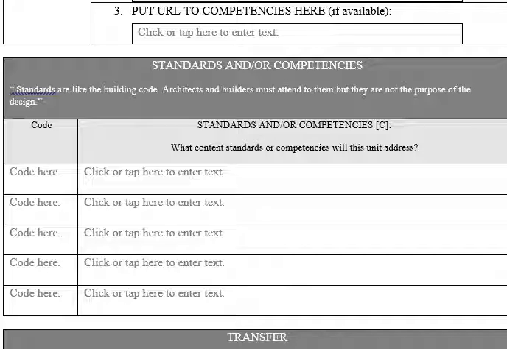What are the goals, the underlying information that what you're going to teach is anchored to? I also want to note here that for some disciplines, there may not be standards or competencies that you can easily refer to. So sometimes this process can take a bit of time to really identify those competencies.